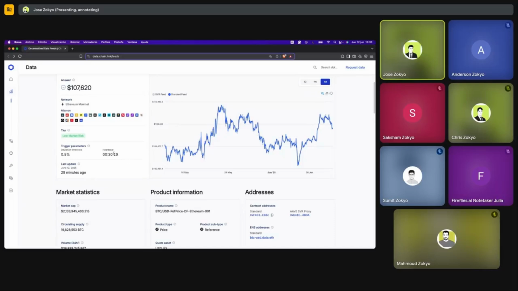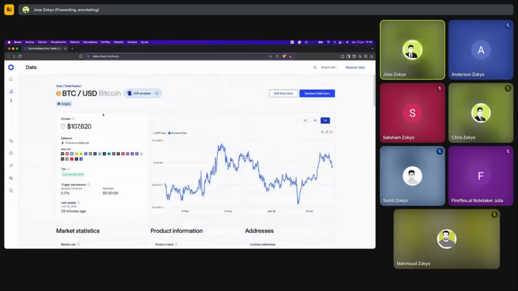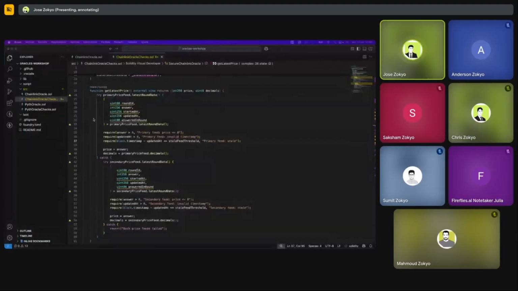If you don't check the publishing time for your price feed, you could be receiving a really old price if the price feed is not working correctly. So this is a key check to implement in each call to the oracle.